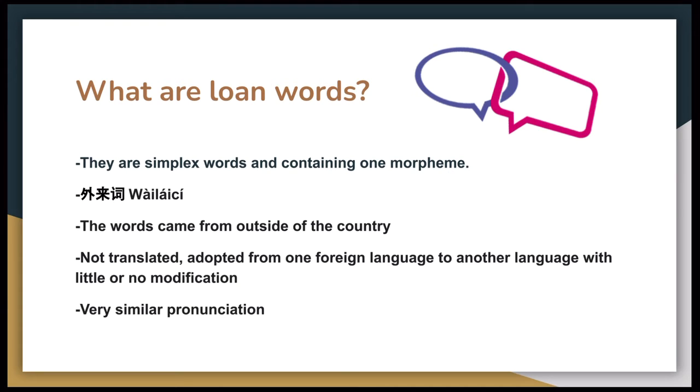Obviously many Canadians are not Chinese native speakers, so it is very hard for them to pronounce the word as it is. Therefore, we need to change its pronunciation into English pronunciation so it is easy for English speakers to say.